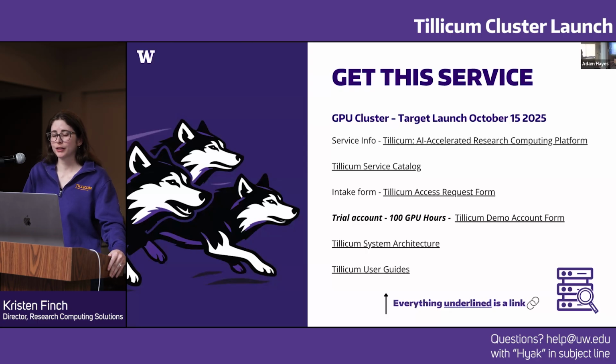If you are not sure if Tillicum is the right fit for you, everyone's first 100 hours on Tillicum are free. If you're just testing out Tillicum, you have a little less storage, but you still get your 100 hours for free. I'll talk about other special offers in just a moment. I'm also linking to the Tillicum system architecture and our user guides.